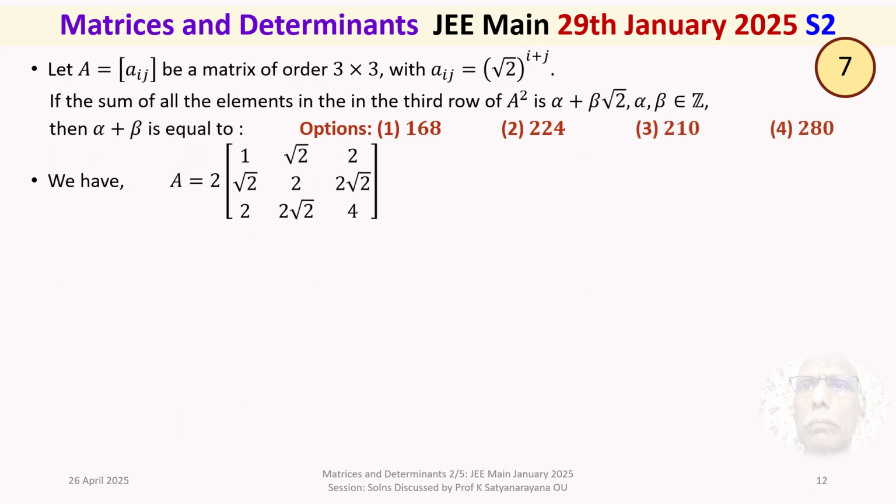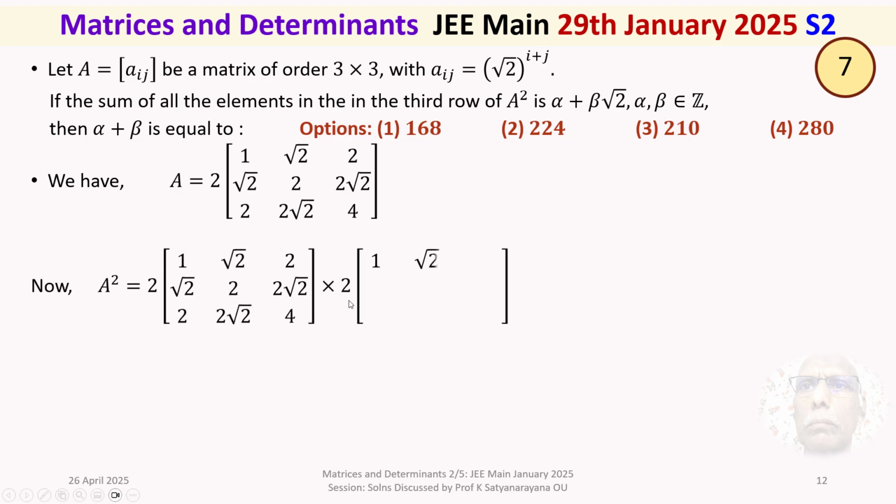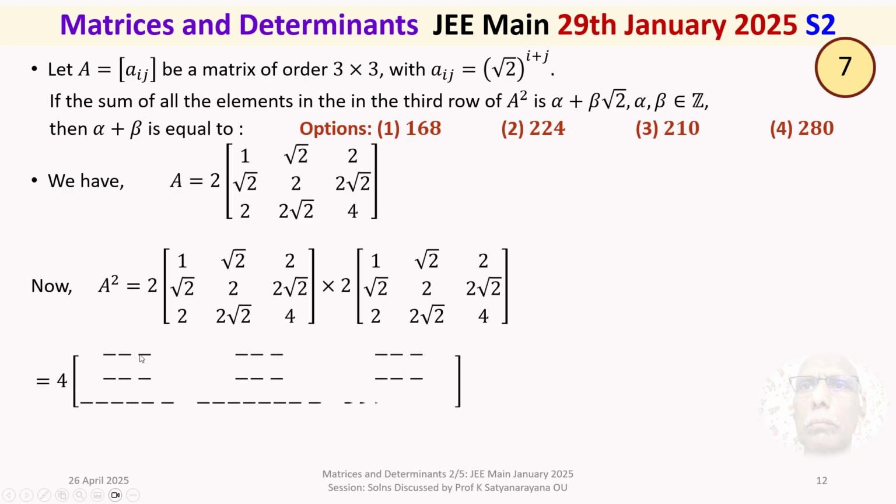We have the matrix capital A. Multiply. A square is 2 times the matrix into 2 times the matrix. 2 into 2, 4. 4 times. We will not compute all the entries.